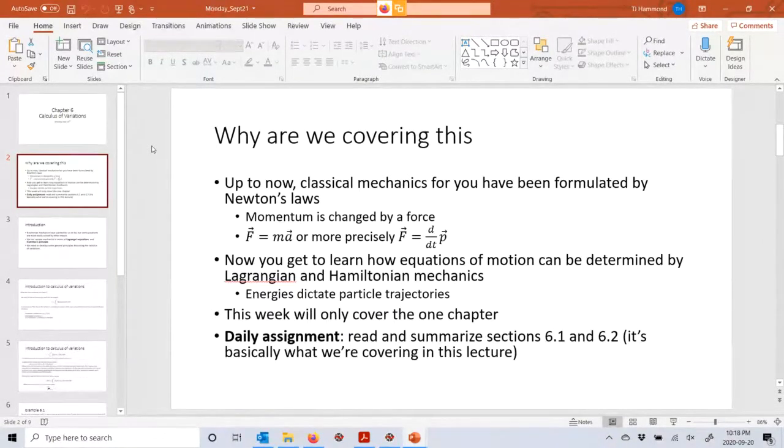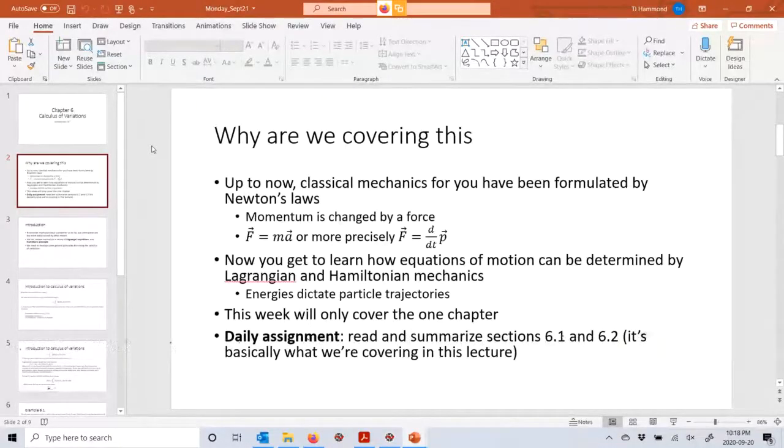He wanted to look at it in terms of scalars. Newton had formulated this in terms of forces and momenta, but forces and momenta are all vectors. So everything is complicated because you have to describe everything in terms of x, y, and z in Cartesian coordinates, or r, theta, and phi in spherical coordinates, or something like that. And that becomes quite complicated.